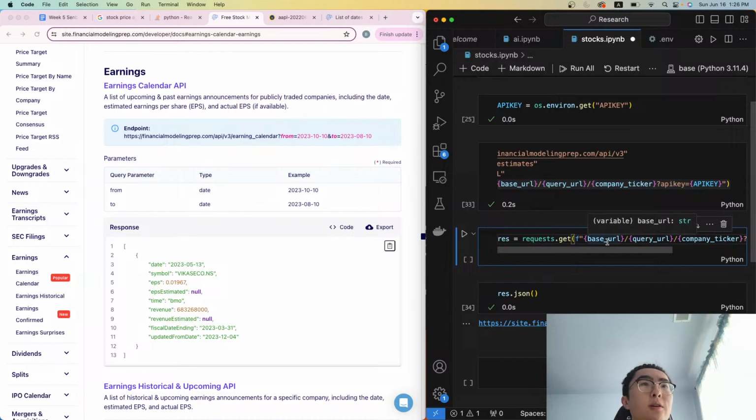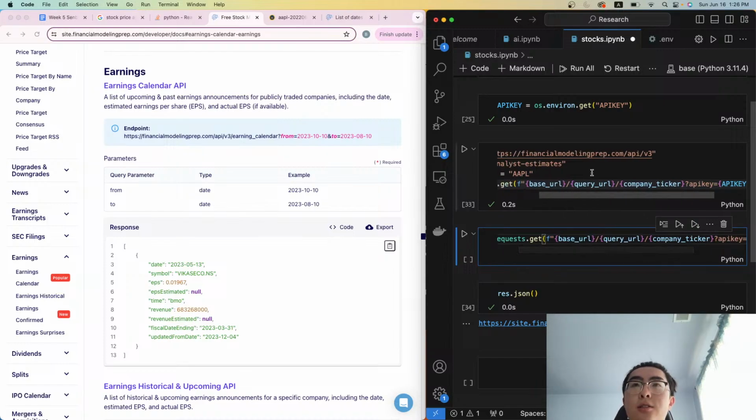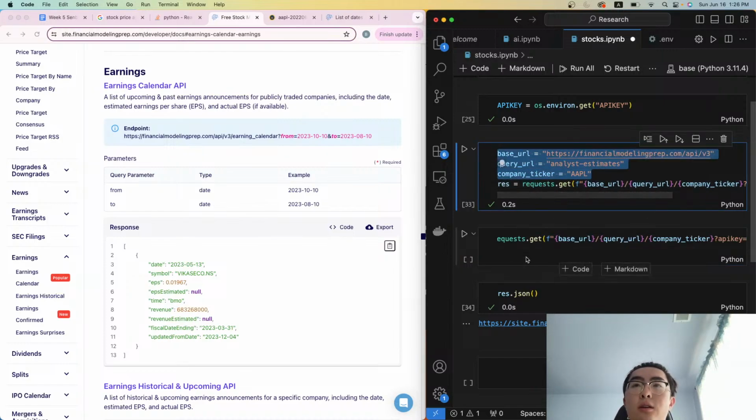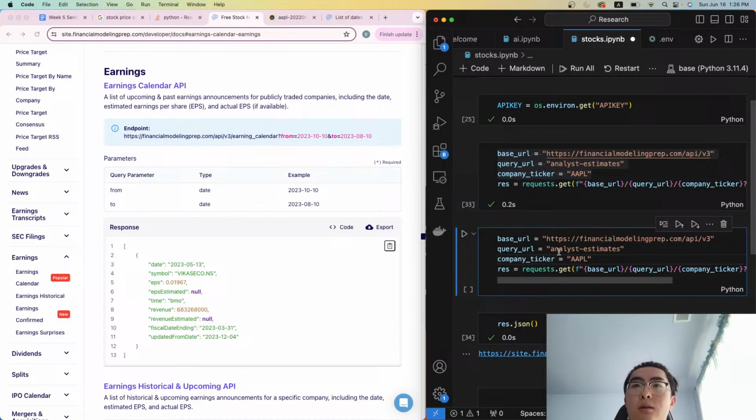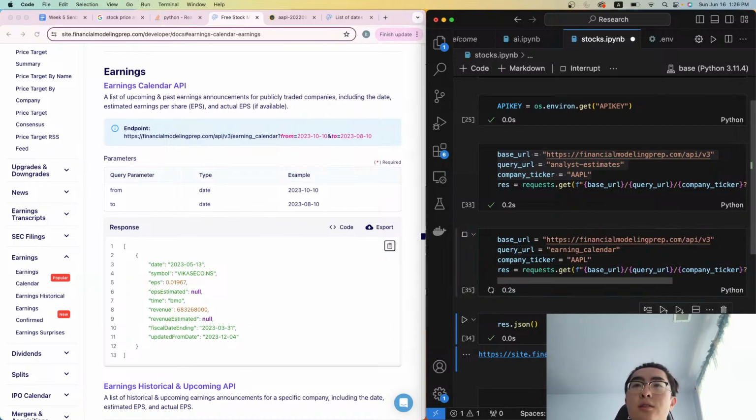So basic URL, right? And then we want to change the earning calendar. Yeah, let's just see what happens if we do this.